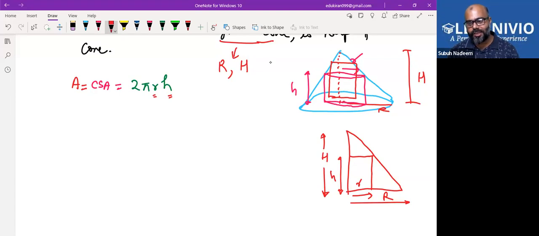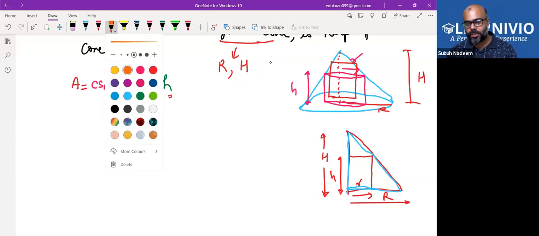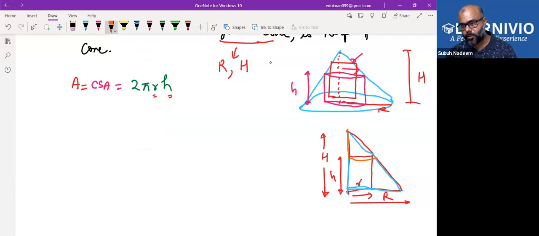Now, if you see this figure, you can say that there are two triangles. One is this bigger triangle, and another one is this smaller triangle. And these two triangles are similar.